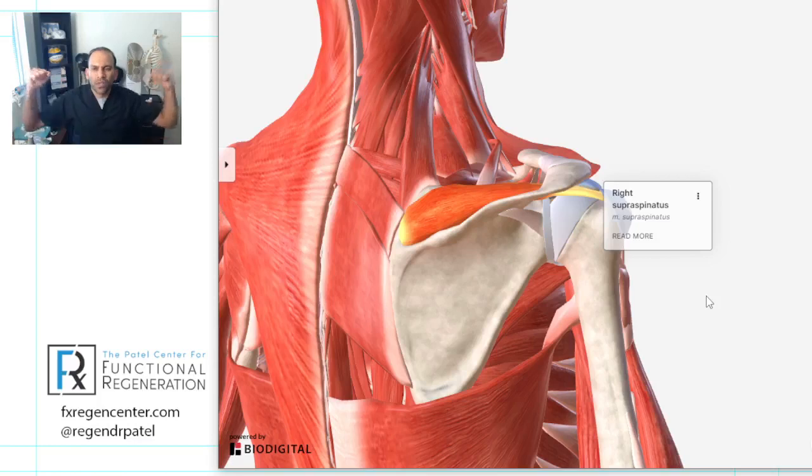Butterflies or reverse butterflies, particularly butterflies. Reverse butterflies can help open up the chest a little bit and take some pressure off the rotator cuff as long as we're doing them correctly. And then the things to focus on are things like our lat pull downs, eventually getting up to things like pull-ups and chin-ups, things like rows, upright and seated rows to engage the rhomboids.